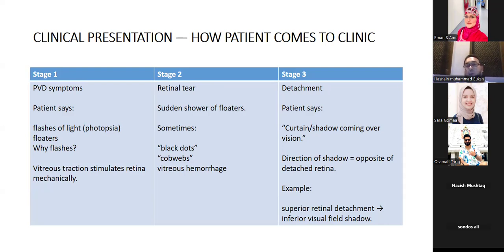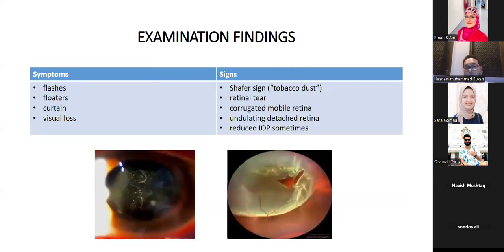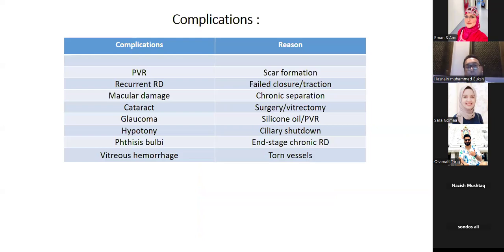If the detachment goes on, the patient would complain of a shower of cells in front of the eye. The vision is blurred, but there is a huge number of things floating in front of it. Some intelligent patients would say there is something coming in front of the field of view. So these are the signs and symptoms I have summarized.